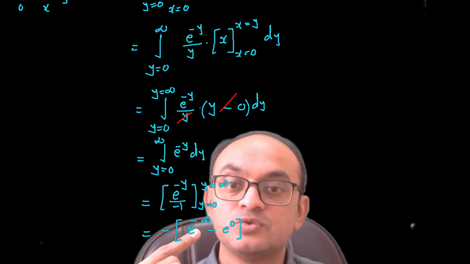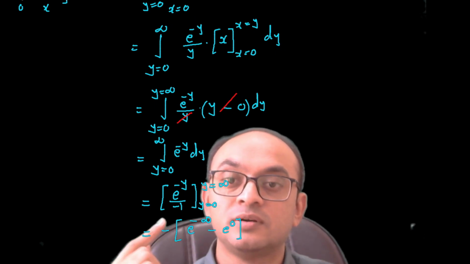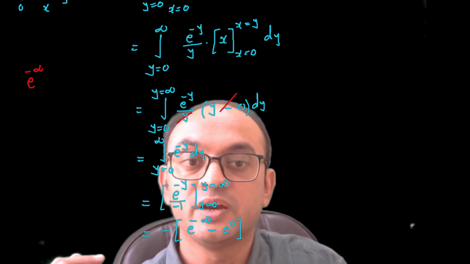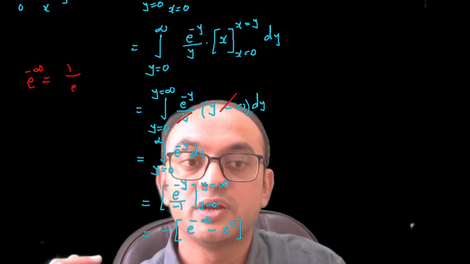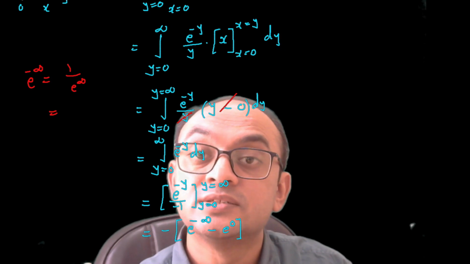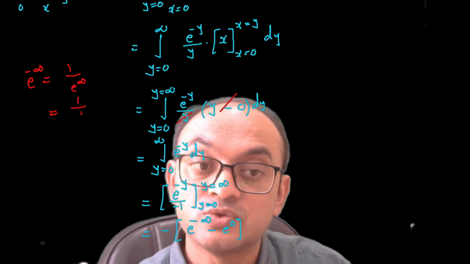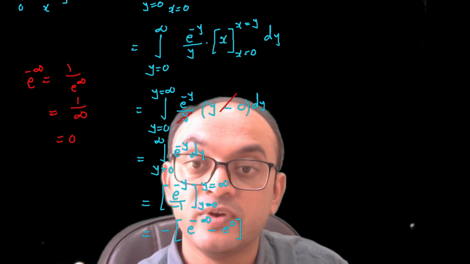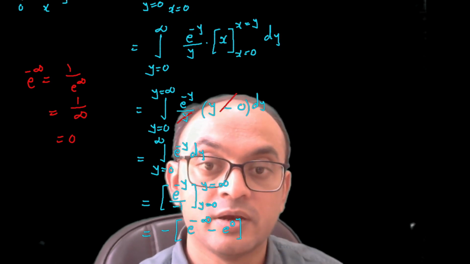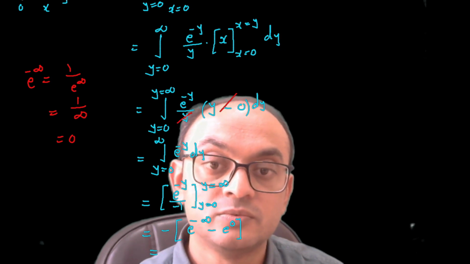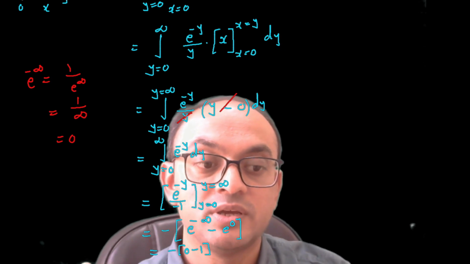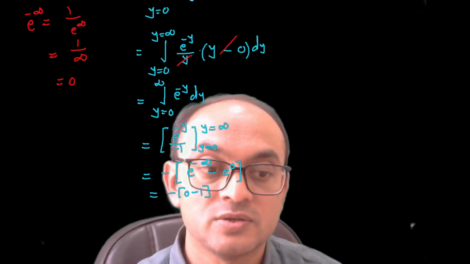Now what is e raised to minus infinity? e raised to minus infinity is 1 upon e raised to infinity. Exponential function is increasing function. 1 upon e raised to infinity is 1 upon infinity, which is 0. Right. So this is equal to minus of 0 minus e raised to 0, which is 1. So this is equal to 1.